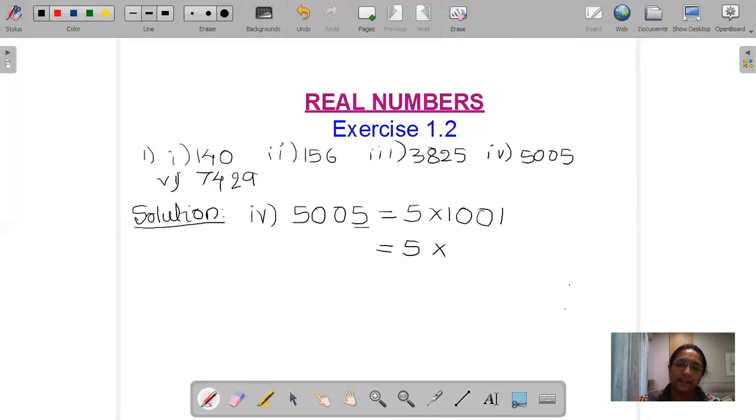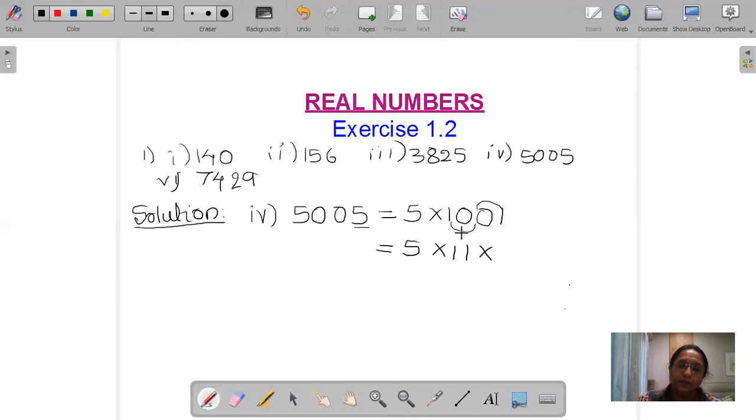Again see here, if we add the digits in alternate places and subtract them, you will get 0. Then it is divisible by 11. That is the rule. So this number will be divisible by 11.